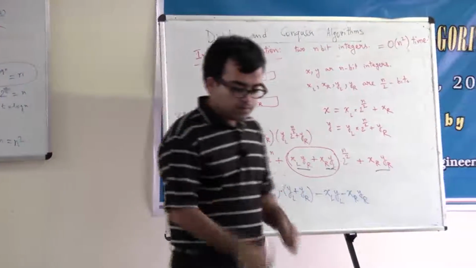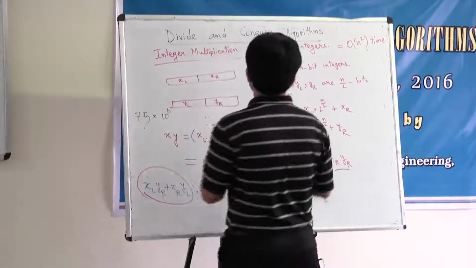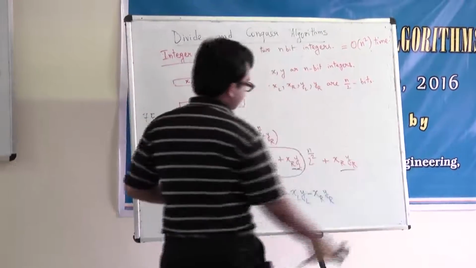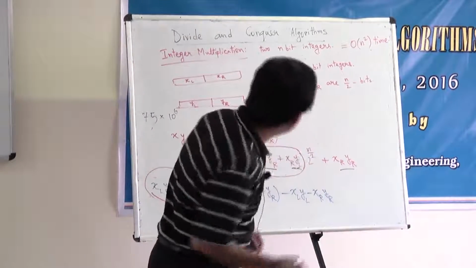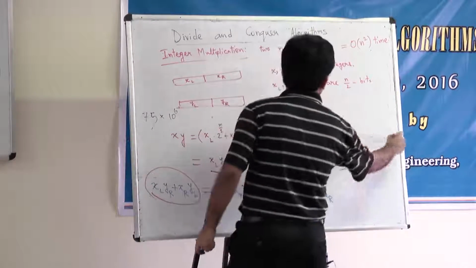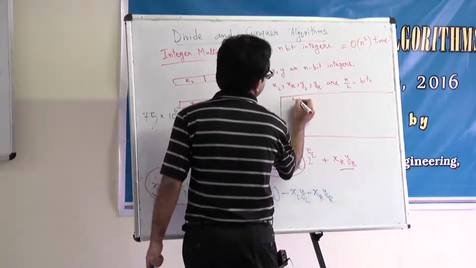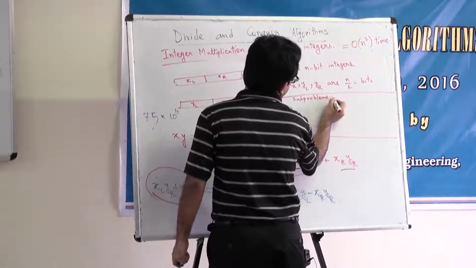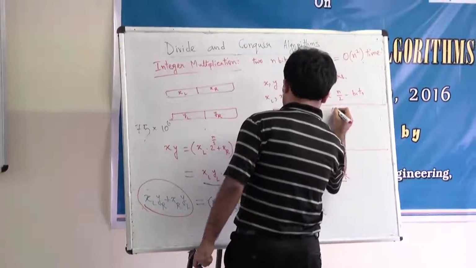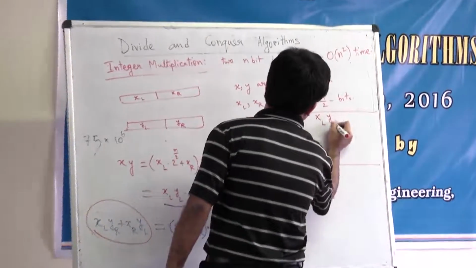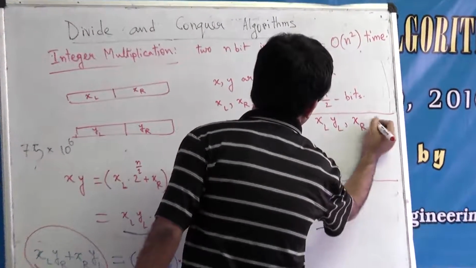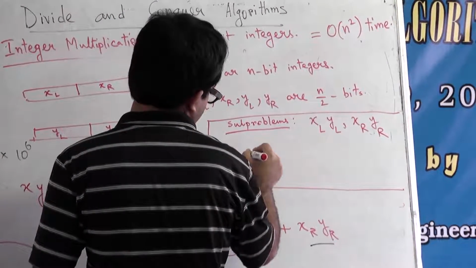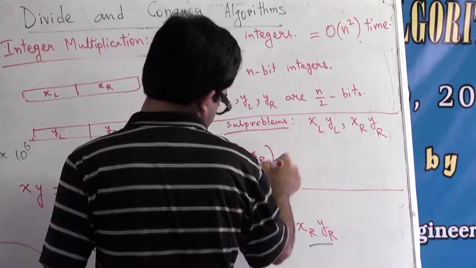Meaning, what I specifically want to say is this. Suppose we consider the solutions to the following subproblems: XL, YL, XR, YR, XL plus XR.